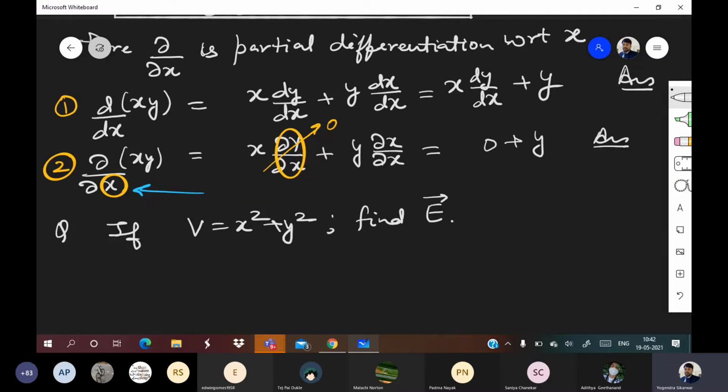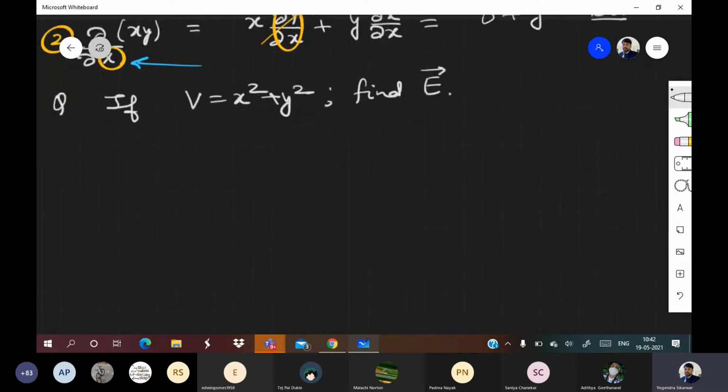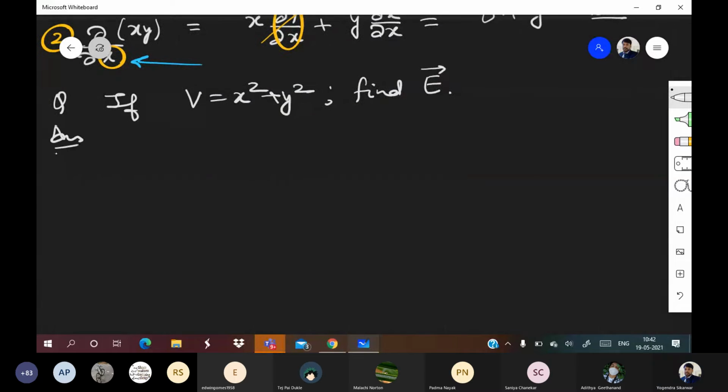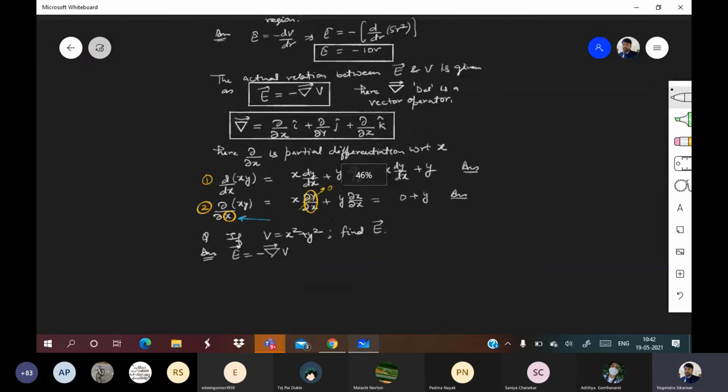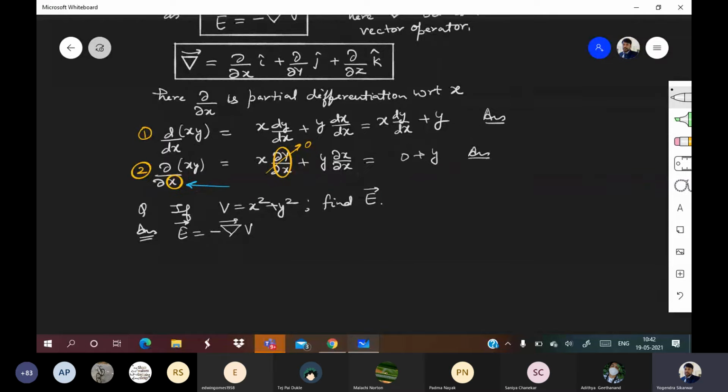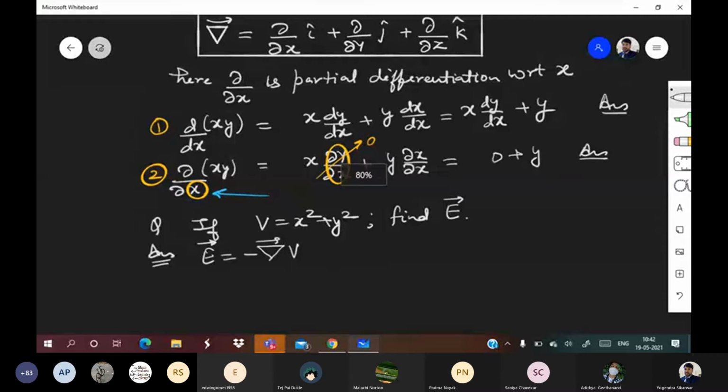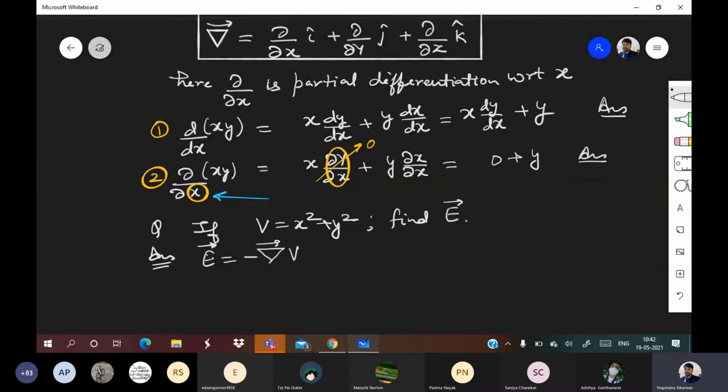Okay, everyone, please pay attention and see how the question is to be solved. So E vector is equal to minus del V. E is equal to minus del V, is equal to minus, which is outside.